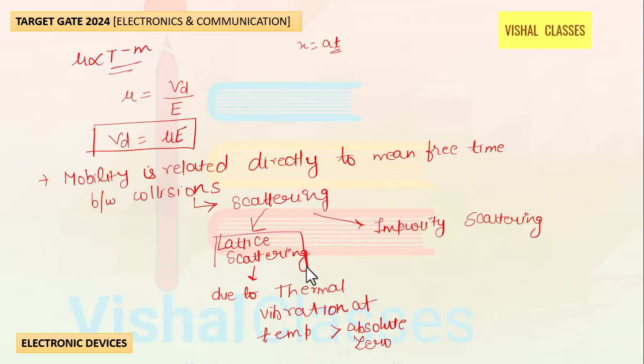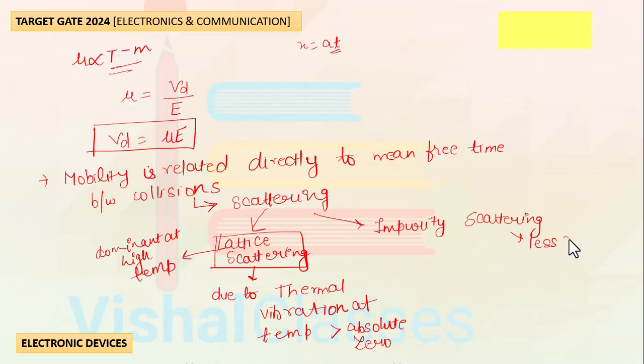So write one more point in lattice scattering. These are dominant at high temperature. Impurity scattering is less significant at high temperature.